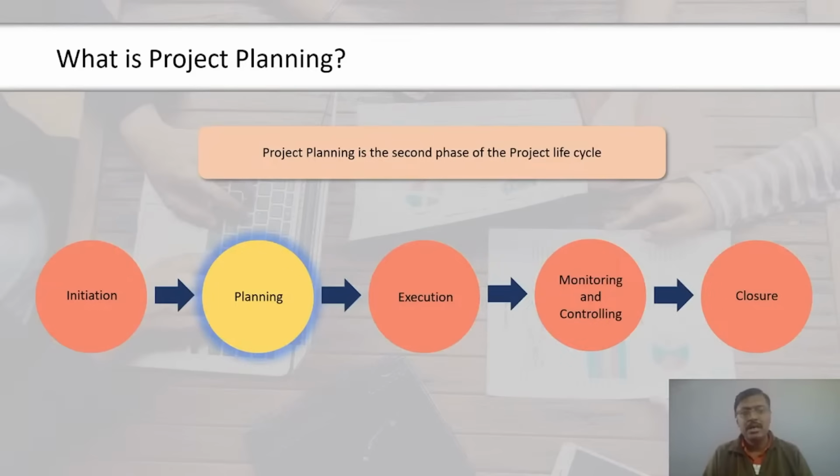So from execution to monitoring and controlling: as the deliverables come out, or as the features are introduced, there should be metrics to measure, there should be methods to measure those metrics, and for each of those metrics, critical success factors or key performance indicators, one should be able to analyze, understand, and interpret.